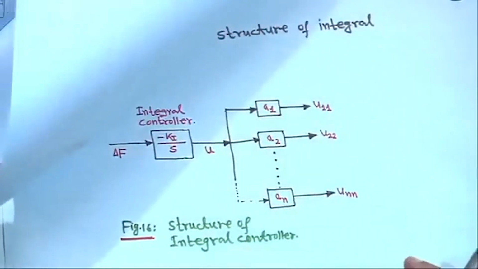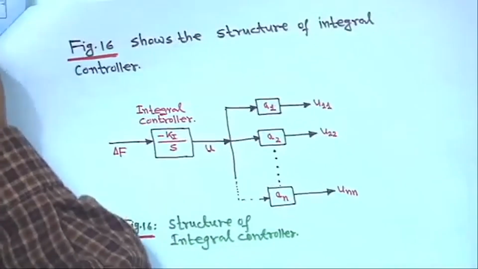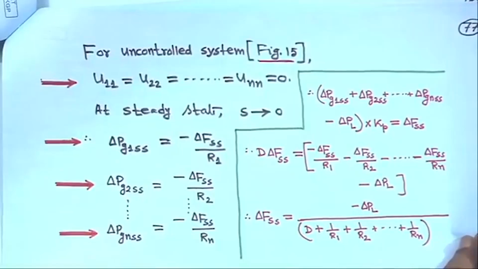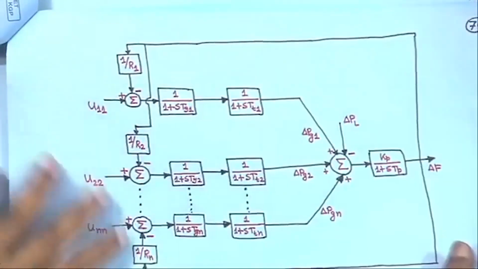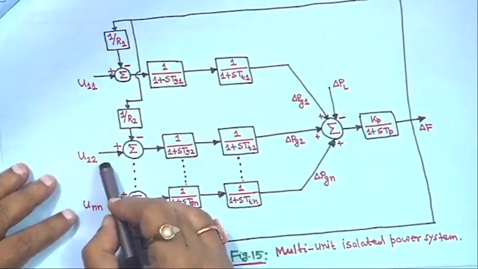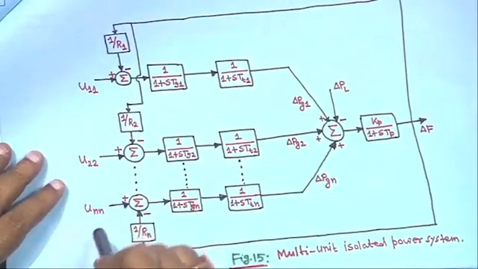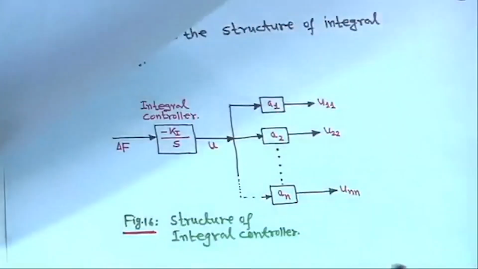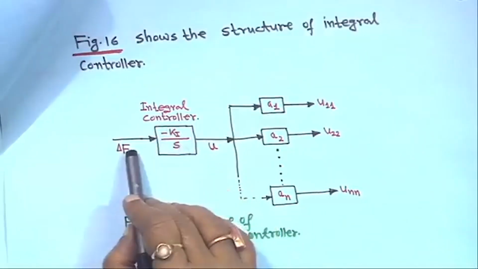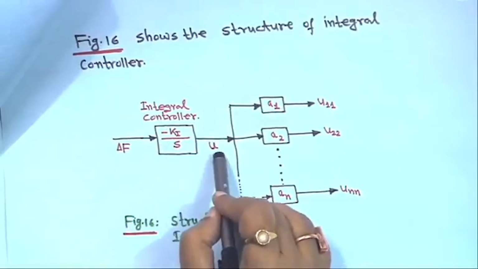So, in that case, suppose you have this block diagram, which we had earlier. This is your U1, this is U2 and up to U_n, n number of units. From where is this U coming? Actually this is your frequency deviation delta f, and this is your integral controller minus K_i upon s, and this is U, right.